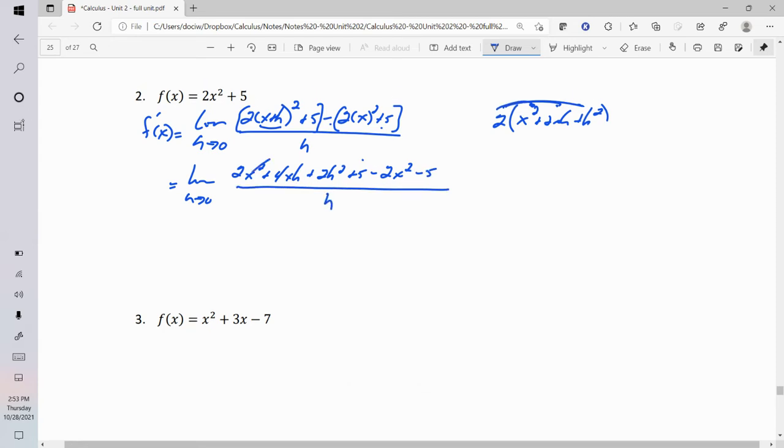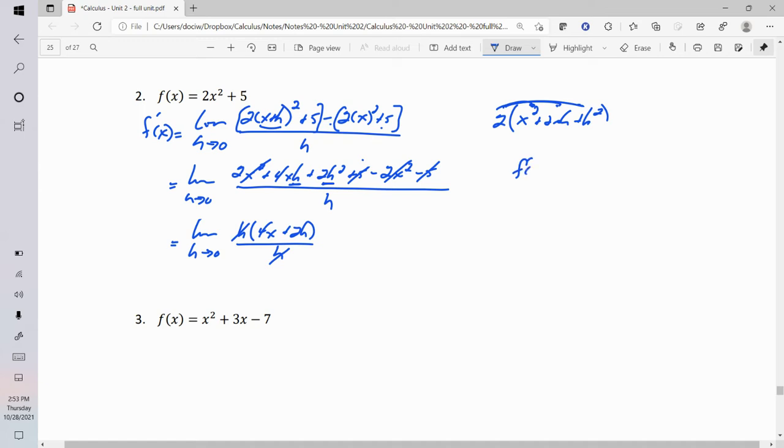And again, notice we have a 2x squared minus 2x squared, 5 minus 5. Also notice that the 4xh, the 2h squared, those terms each have an h in them. I'm going to factor that h out, leaving me with 4x plus 2h, all divided by h. h divided by h is 1.